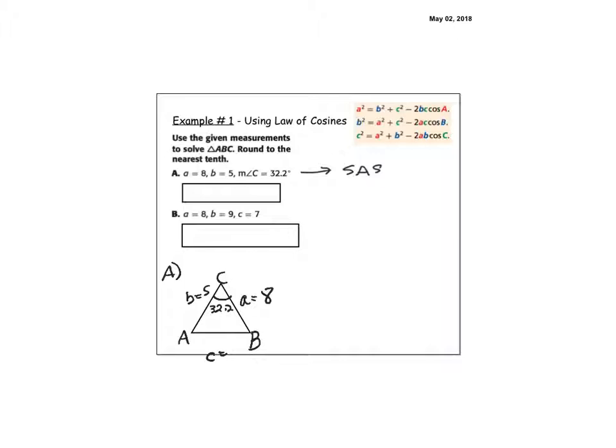Hope you can read that. And over here on the side, I like to just put everything I'm looking for and everything I have. Kind of makes it easier. I'm going to put a here, 5 here, and c we don't have. We do have the angle of C is 32.2.